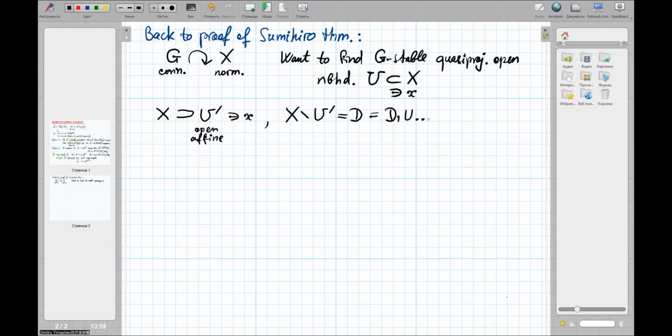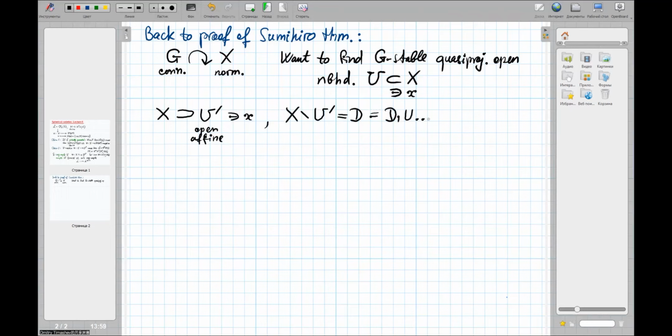So let me go back to the proof. Since my Di is Cartier on the regular locus, on the smooth locus of X, this means that the intersection of Di with this smooth locus is a Cartier divisor on the smooth locus.